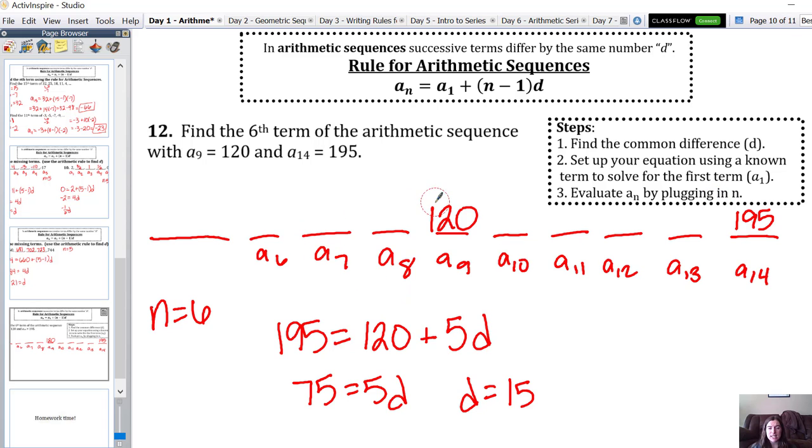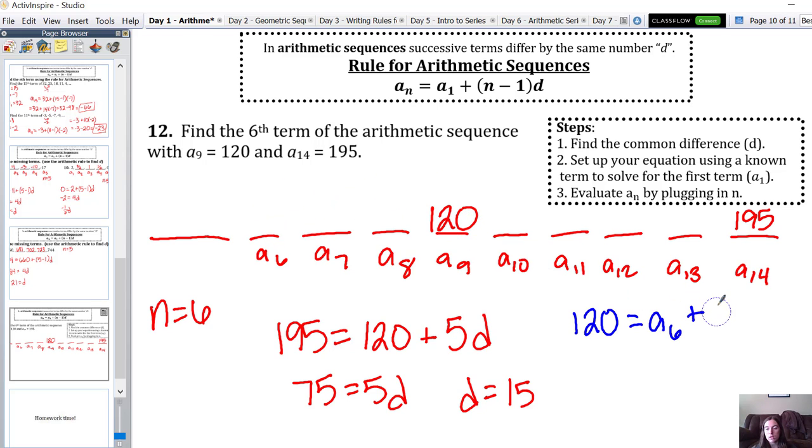However, in this case, I need to go backwards to get from a sub 9 to a sub 6. So the a sub 6 is in front of the a sub 9, which means that first, quote-unquote, first term, I don't know yet. So if you want, you can use the formula to figure out a sub 6, where our a sub n is going to be 120 equal to a sub 6 plus, and there's 1, 2, 3, 4.